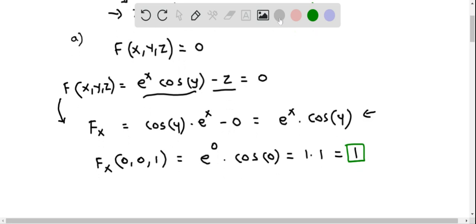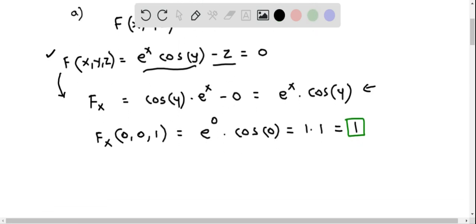Now let's find the partial derivative of f with respect to y and evaluate at the point. So I write fy, and this equals, when you partially differentiate with respect to y, we have to treat the variables x and z as constant. So when we differentiate the expression e^x times cosine y, e^x is treated as a constant, and then we find the derivative of only cosine y, which is negative sine y.